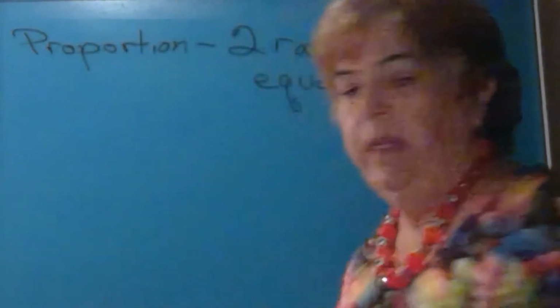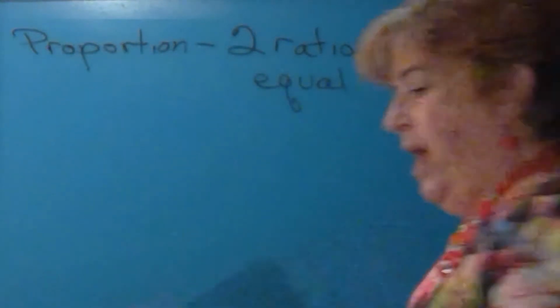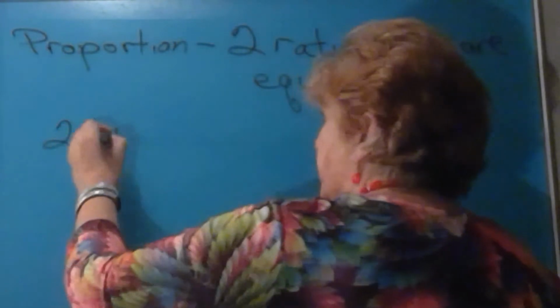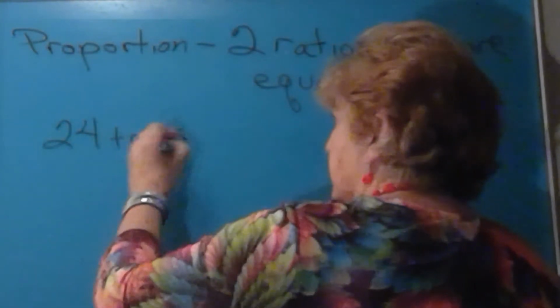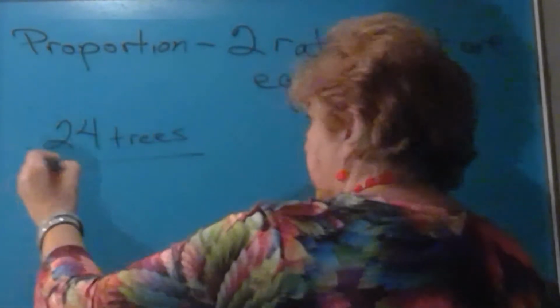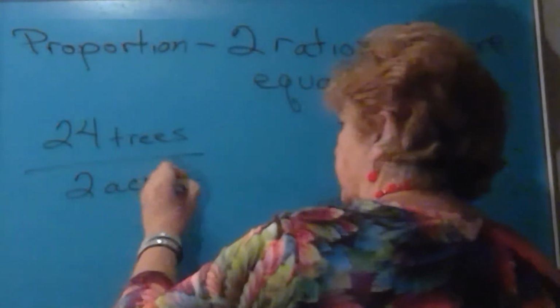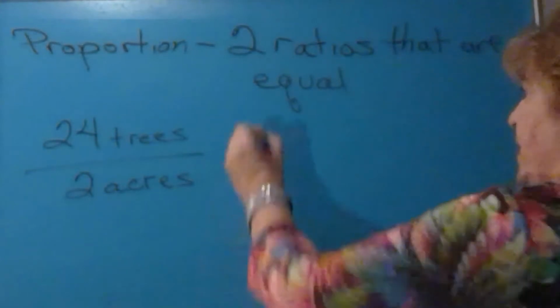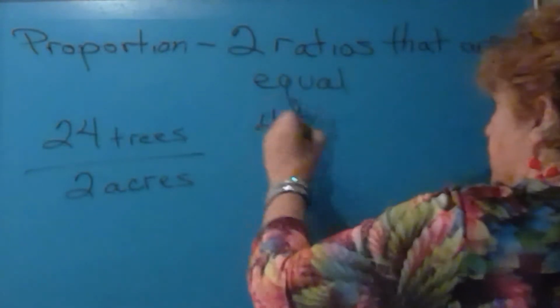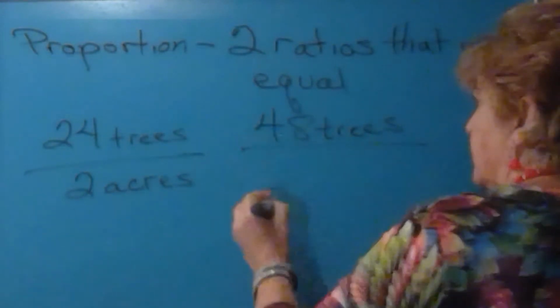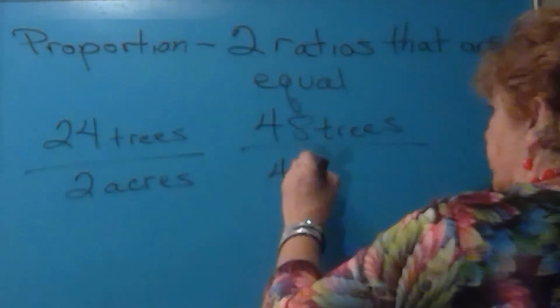I've got another example here. If you have 24 trees in 2 acres, is that the same as having 48 trees in 4 acres?